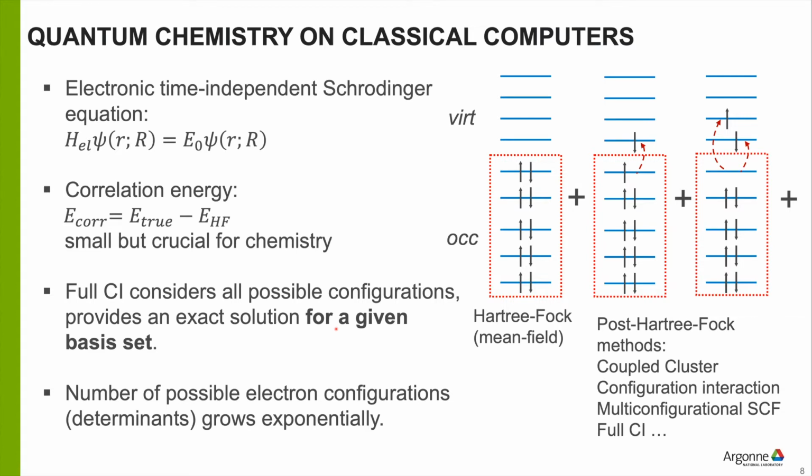And it would be great if we could actually do that, but as you can tell, the number of possible configurations increases exponentially. And obviously, you quickly get into the threshold of the computer capabilities with the exponential growth of the number of configurations.